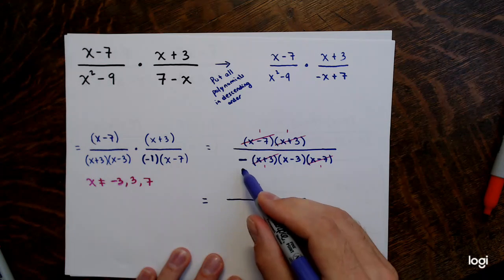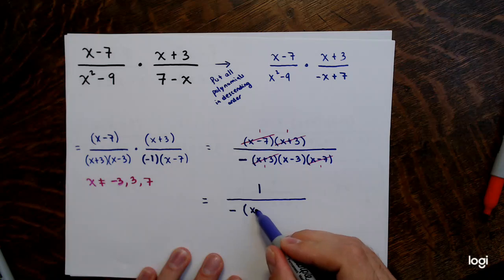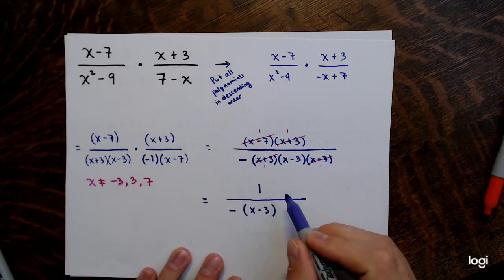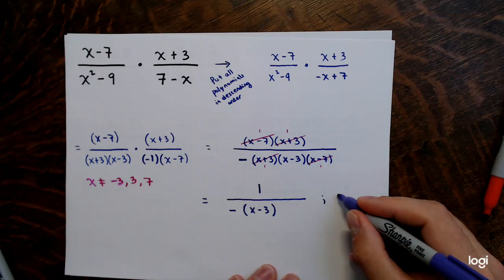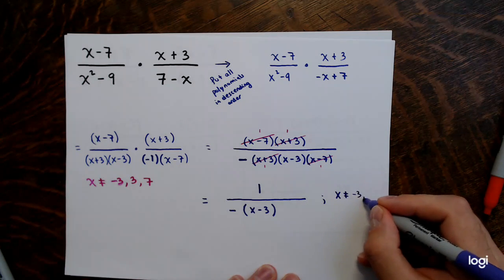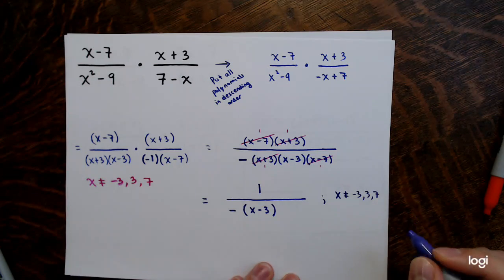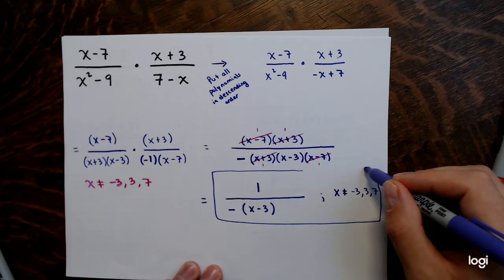So I've got 1 in the numerator divided by negative 1 times x minus 3, which is the only factor left over in the denominator. Just off to the side, I make a note to myself that x cannot be -3, +3, or +7. Now you can leave it like this. This is fine.